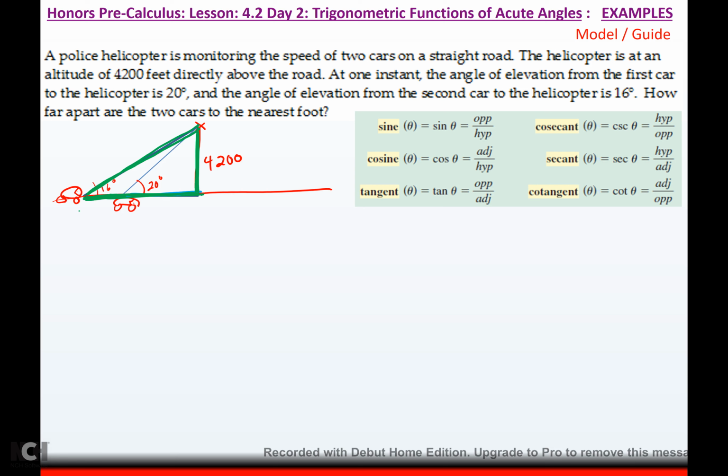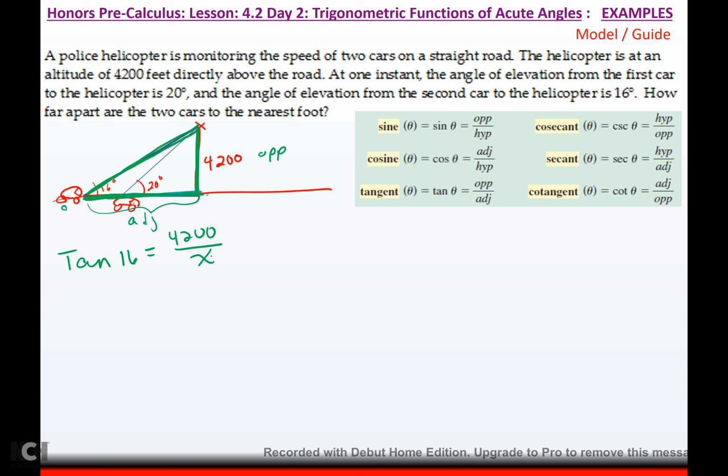And let's see, I know that I can find this distance, right? Because if I'm standing here, or the car is, this would be opposite, this would be adjacent, and I'm trying to find adjacent. So opposite and adjacent would be tangent. So tangent of 16 equals 4,200 over, I don't know, what do you want to call it, x?